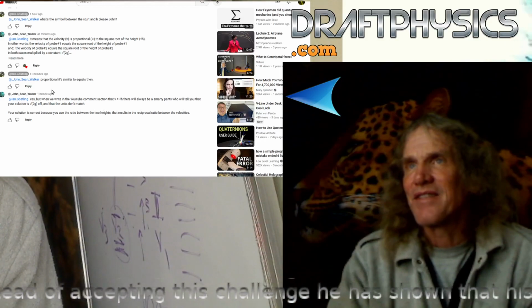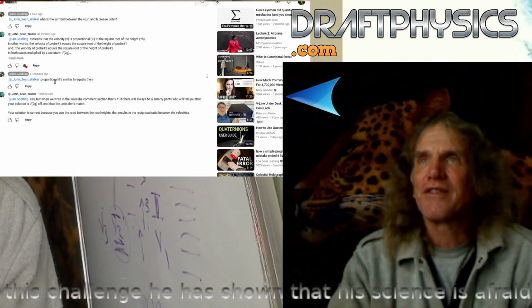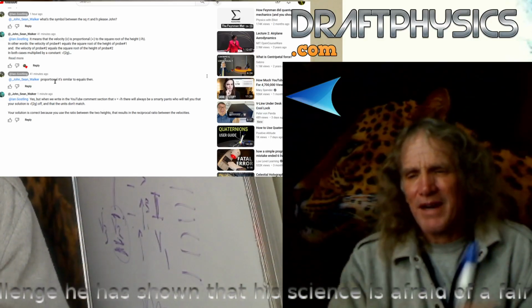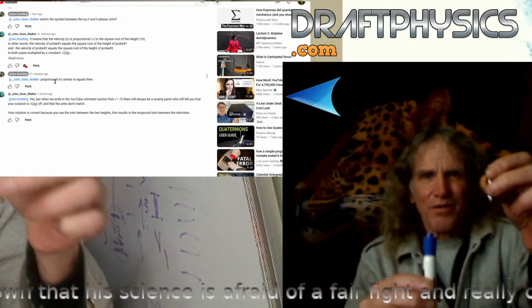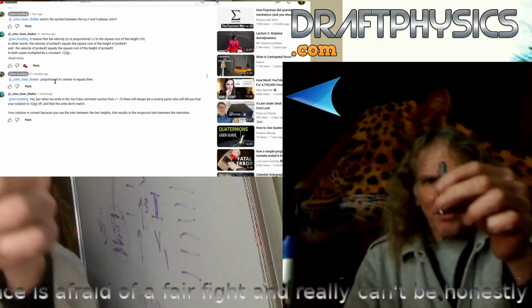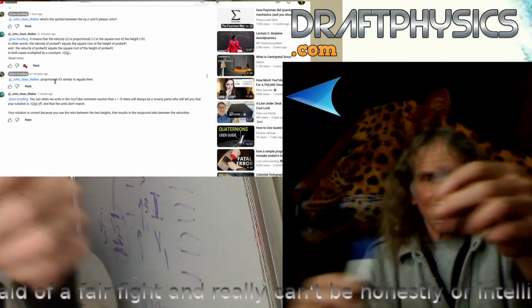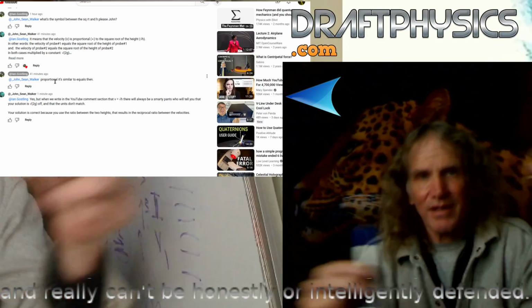Okay, so let's see if there's anything else. Proportional is similar to equals then. Well, usually proportional does mean an equality, but frankly the problem is proportional can also mean that this is going 10 miles an hour and this is going 50 miles an hour. You double this to 100 and you double this to 20. So it's a proportional change in something.